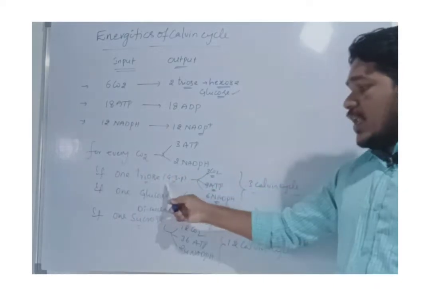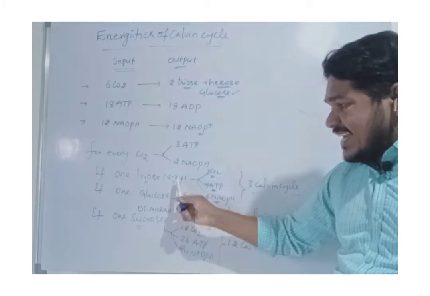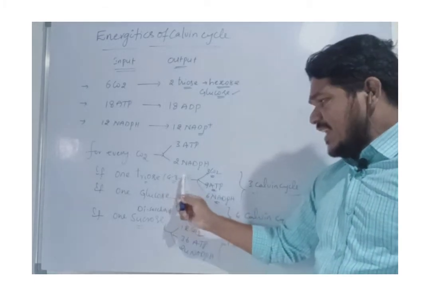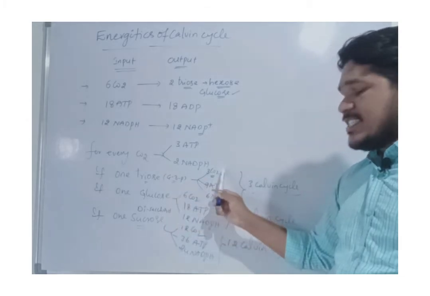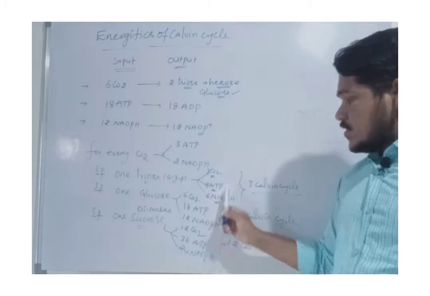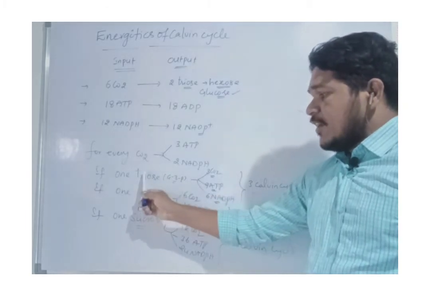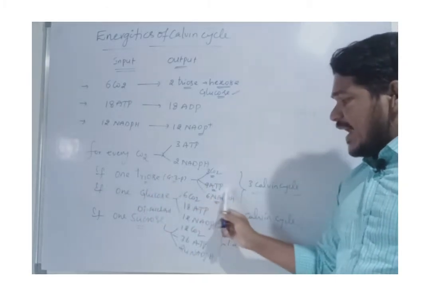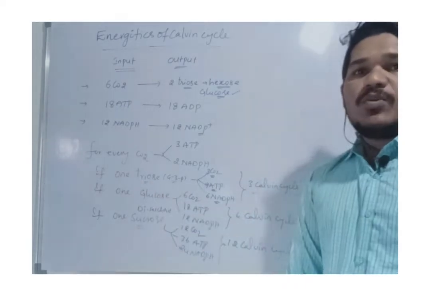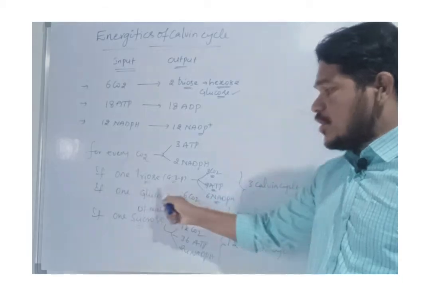Here one triose molecule, nothing but glyceraldehyde 3-phosphate. For the formation of triose sugar, like glyceraldehyde 3-phosphate, how many CO2 molecules, how many ATP molecules, how many NADPH molecules are required? So here 3 CO2 molecules, 9 ATP molecules and 6 NADPH molecules are required for the formation of one triose sugar.